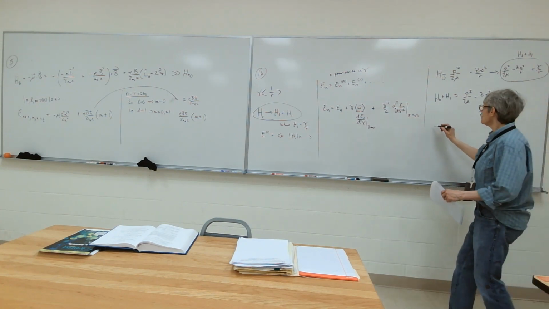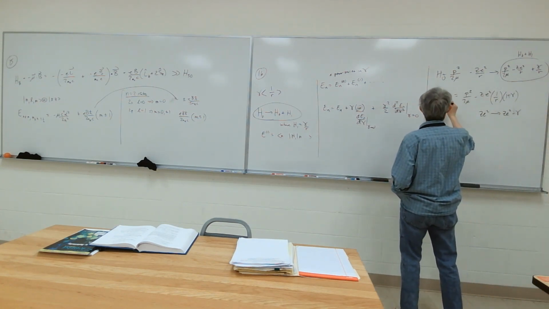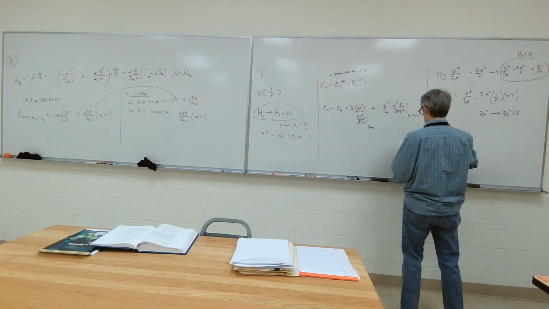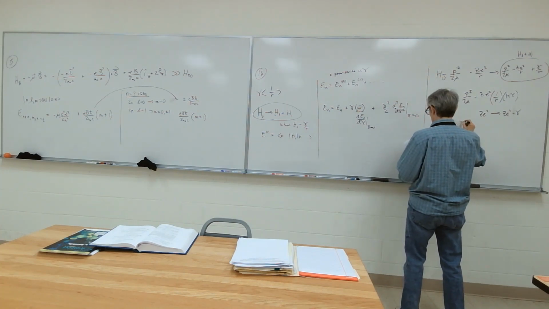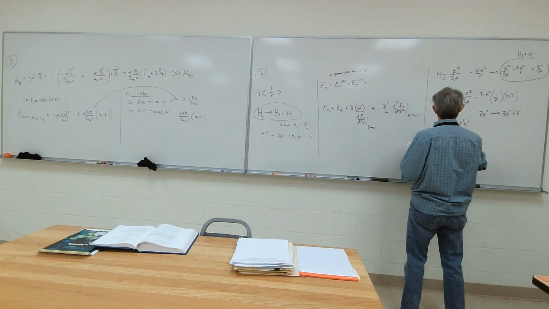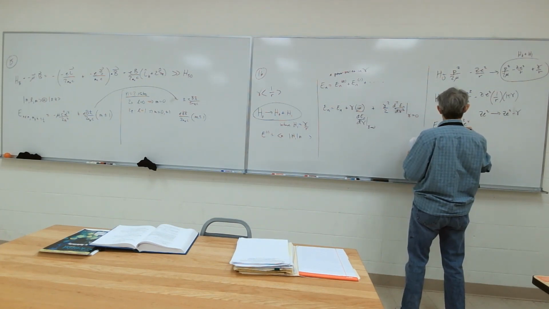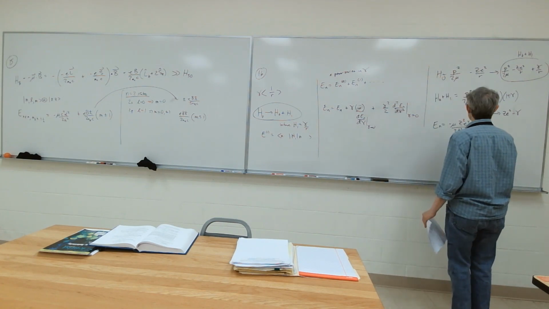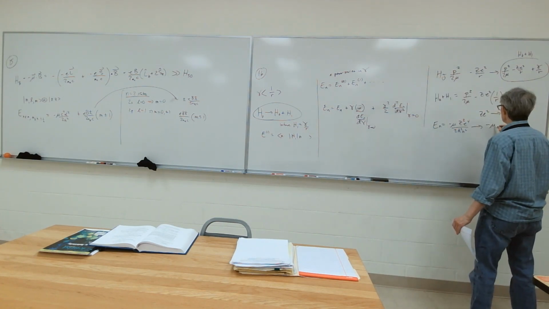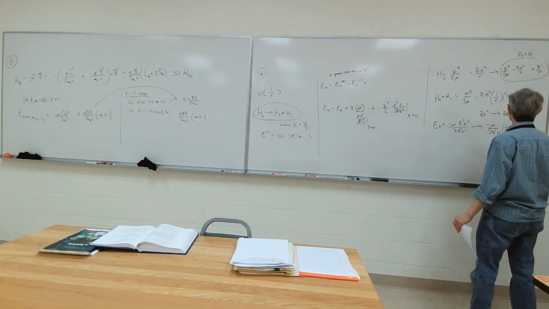Right? So we know the energies for H naught are En equals minus mu Z squared e to the 4th over 2 h bar squared n squared. So this will just go to minus mu over 2 h bar squared n squared times the quantity Z e squared minus gamma, squared.